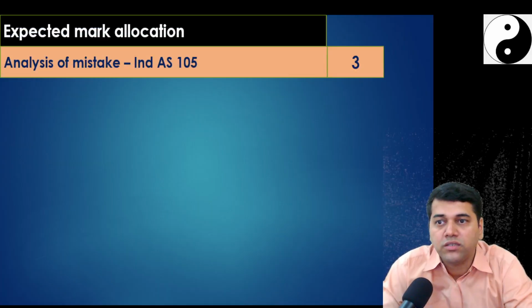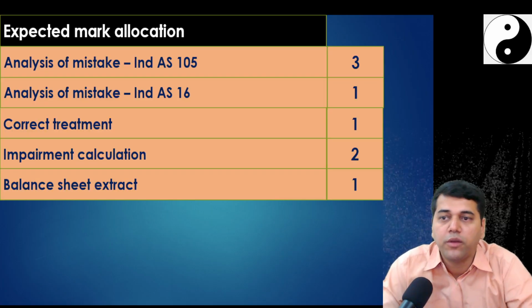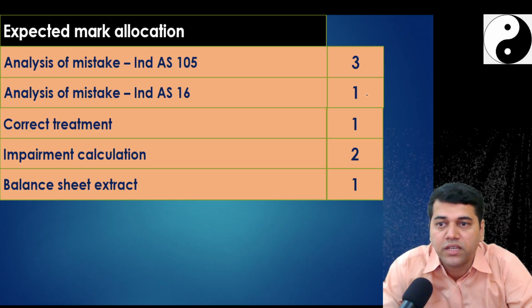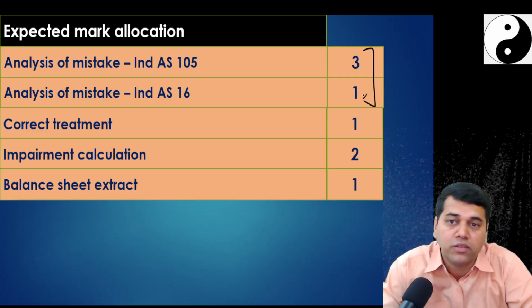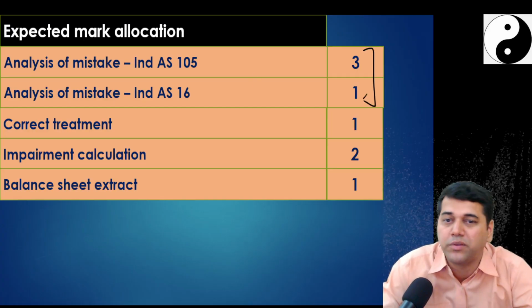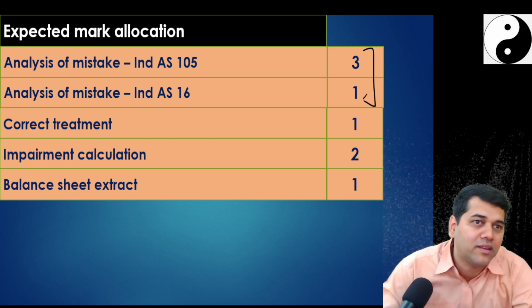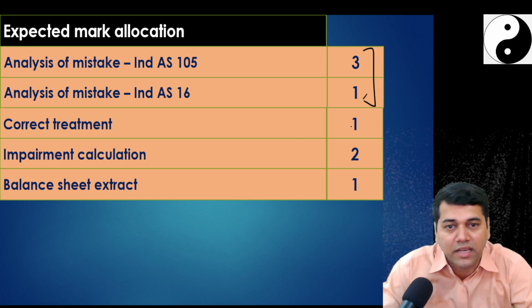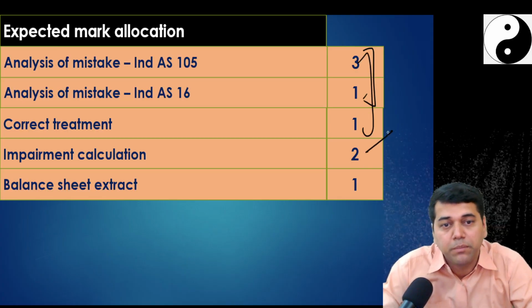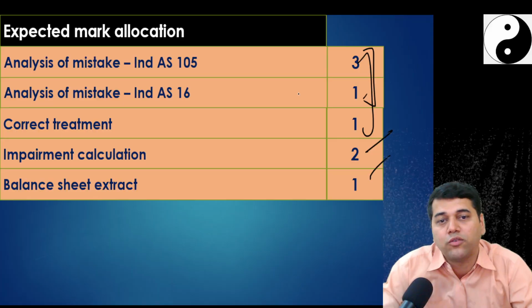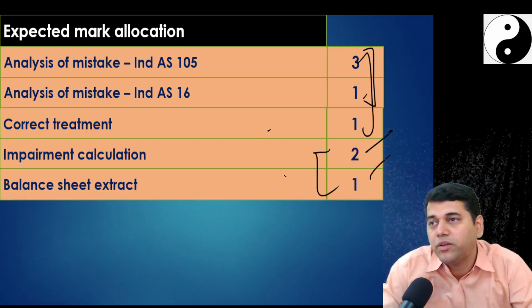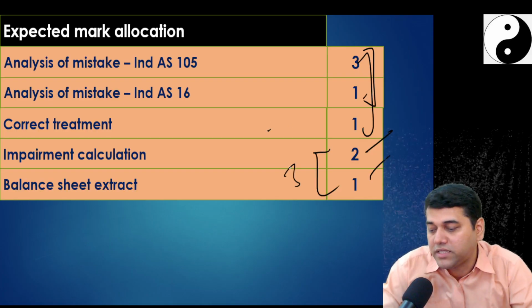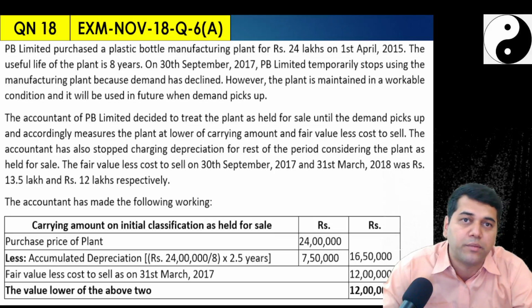Now this question, I believe, would have been allocated marks for analysis of the mistake, analysis of the indefinite. 4 marks would have been given for that analysis part, because if you see what else is there, the correct treatment, again 5 marks, impairment calculation, balance sheet extract. So out of 8, 3 marks would have been given for the balance sheet extract and other things, because this question came in your November 18 examination.